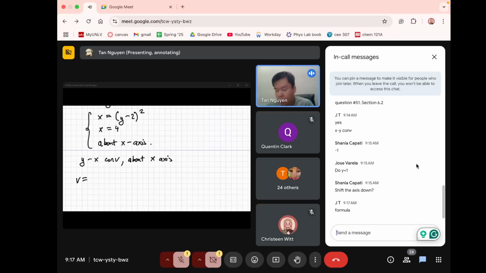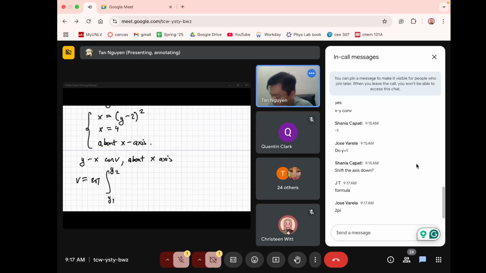Is this the one with 2 pi or with pi? 2 pi. Thank you. 2 pi integral, because it's yx convenient, that means the limits are for y. So it's going to be from y1 to y2 of y times x2 of y minus y times x1 of y dy.